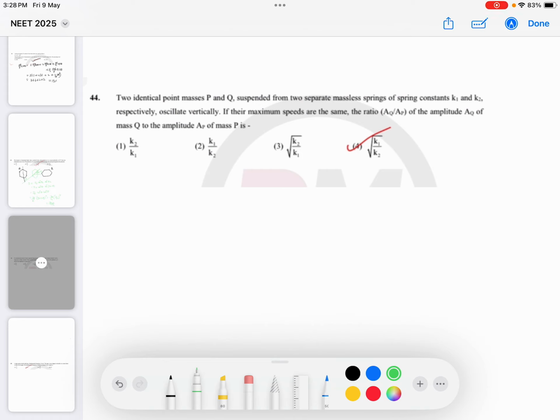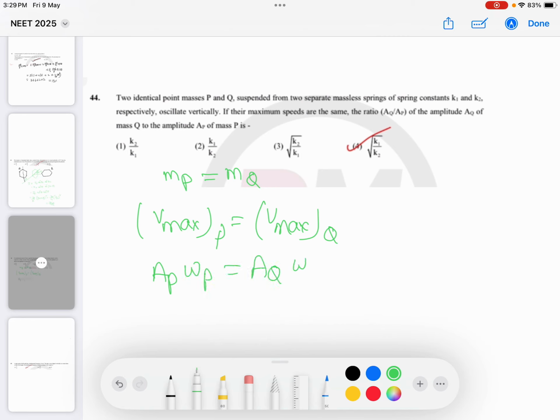They are giving first one, mass of P and mass of Q are equal. V maximum of P must be equal to V maximum of Q. V maximum is equal to A omega, amplitude into angular frequency, AP into omega P equals AQ into omega Q. So they are asking the ratio AQ by AP.